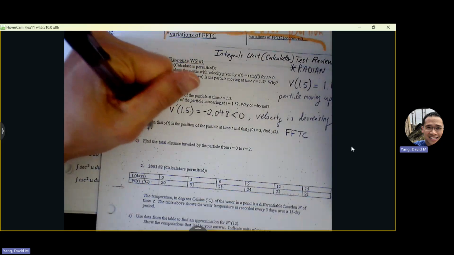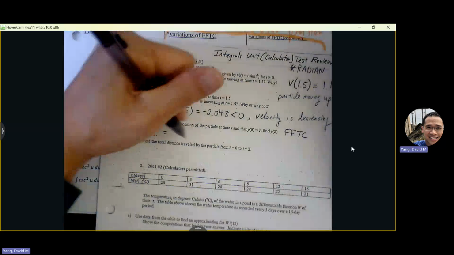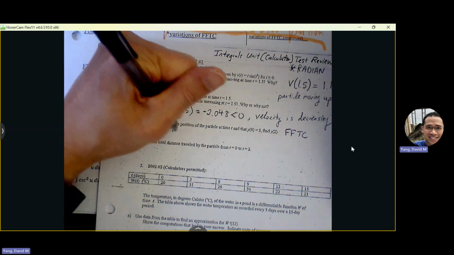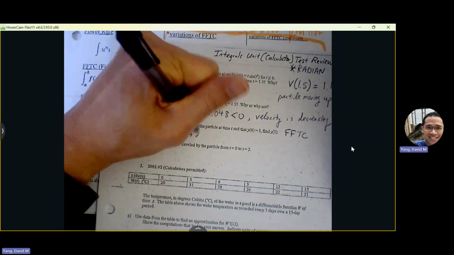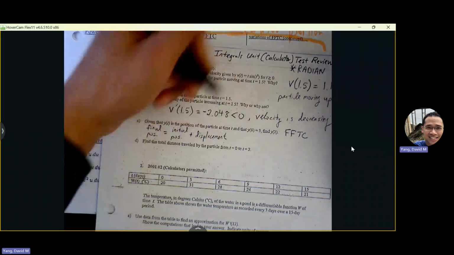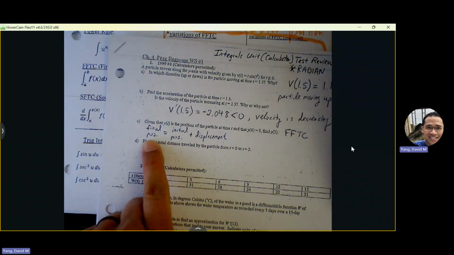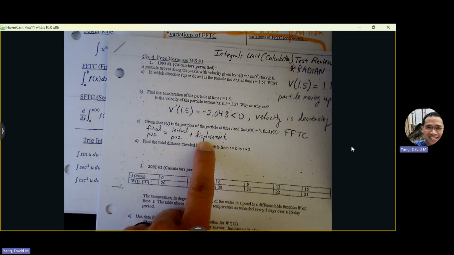So the idea is that for any final position I'm looking for, I'm going to have an anchor point, my initial position, that's my given position, plus my displacement, how much progress, how much movement I've made since that starting point. So if I'm looking for where this object is going to end up, you're going to start off with the location that the problem gives you, and then add the progress that the object's going to make in that time interval.